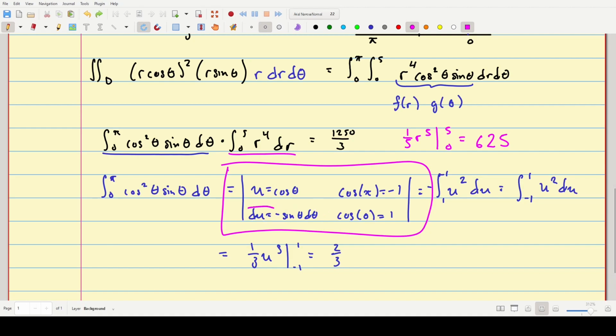Because this factor here has to be part of the integral. It serves the same purpose. Okay? We don't introduce the idea of a Jacobian, which is what I'm talking about, in Calculus 1 because that adds some extra complication to things.